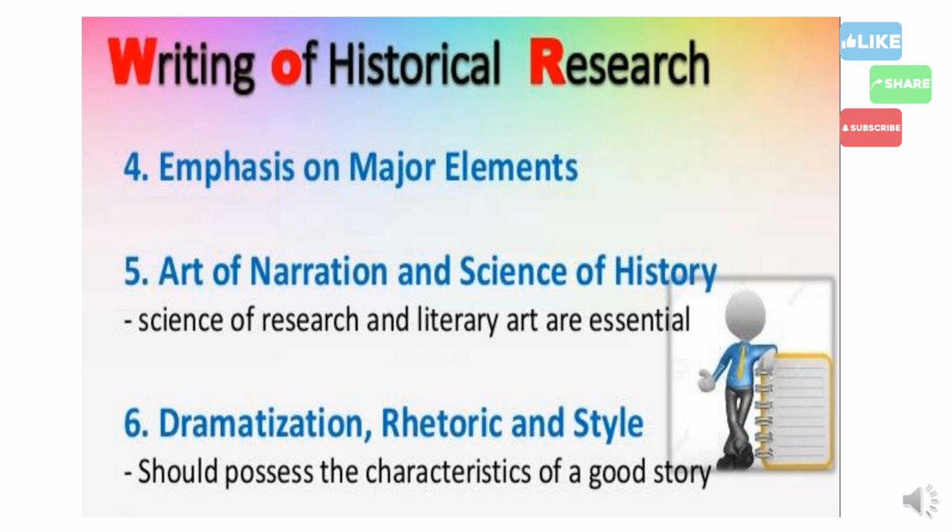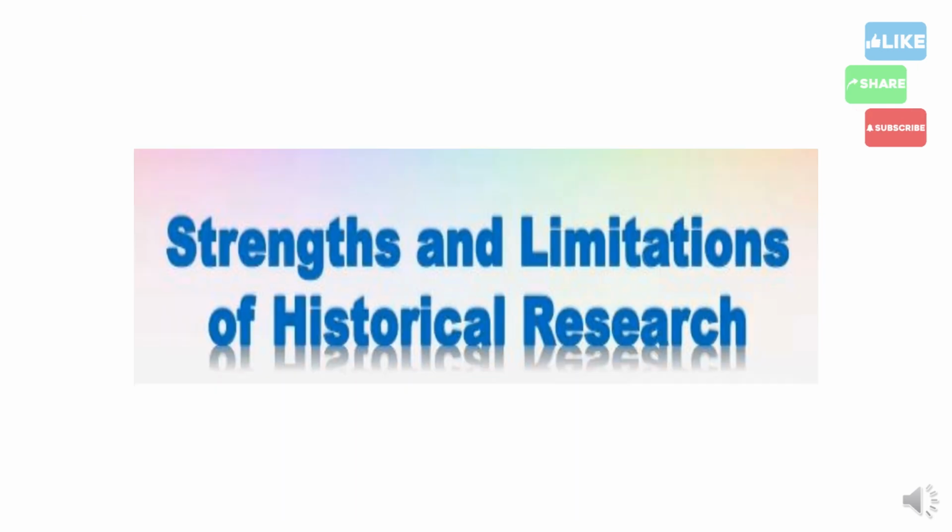Next is emphasis on major elements. The next is the art of narration and science of history, as the science of research and literary art are essential in historical research because it is work as evidence. Next is dramatization, which should possess the characteristics of a good history.